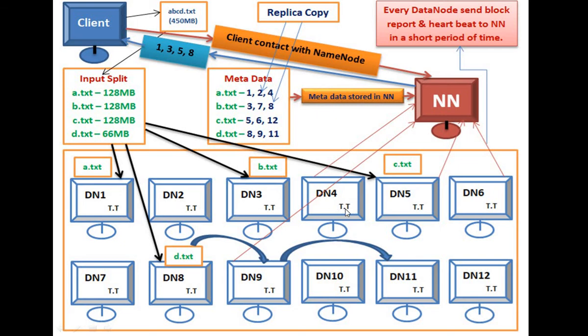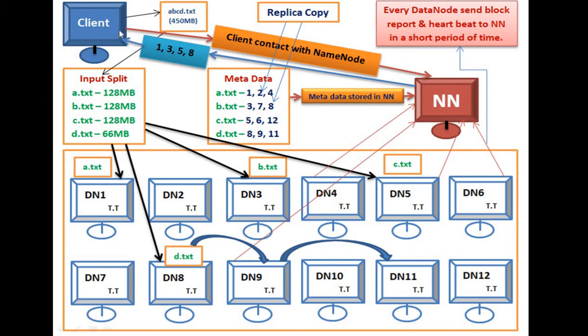We will see in my next session what the task tracker does and why it is used. Task tracker is used in processing. So today we are going to see how HDFS stores the data, and in the next session we will see how HDFS processes the data.